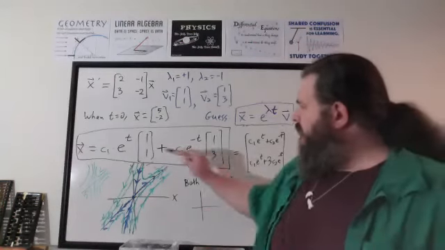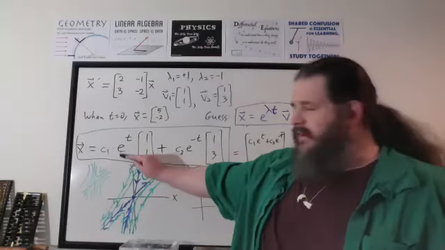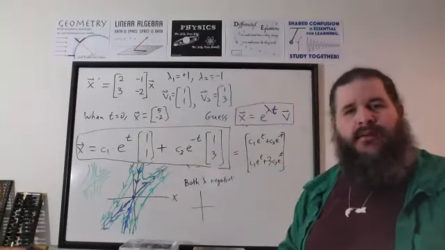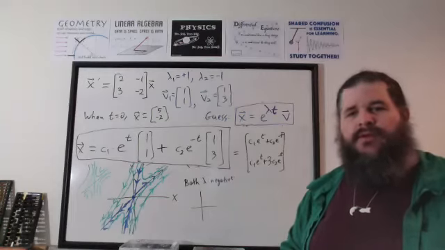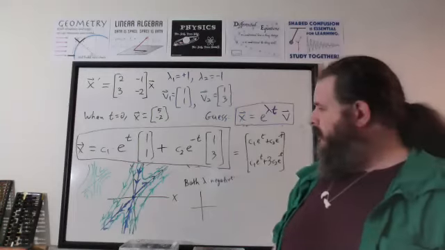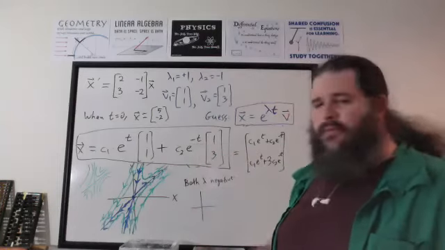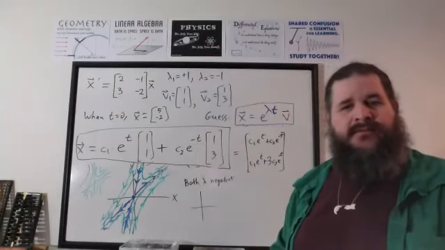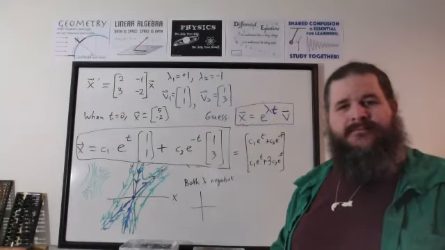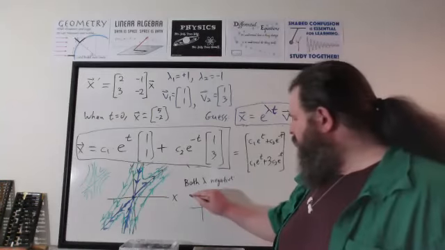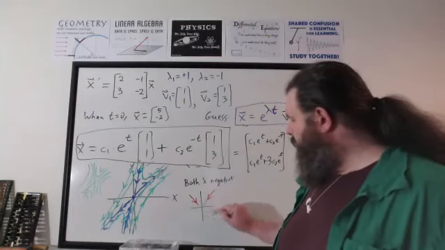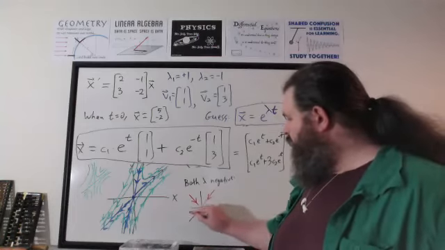If this is e to the negative t, and let's say this was e to the negative 2t, what would you expect those functions to do? It wouldn't quite be the opposite. Because if these are both negative, what are all the solutions going to do? Yeah, all the solutions are going to shrink towards zero, no matter which direction they're coming in from.